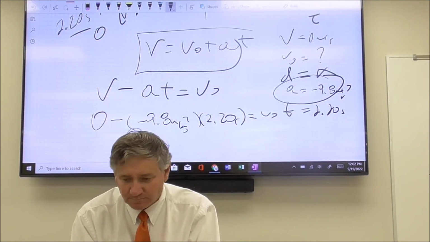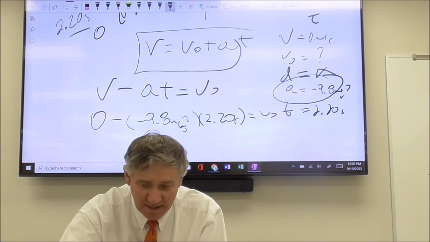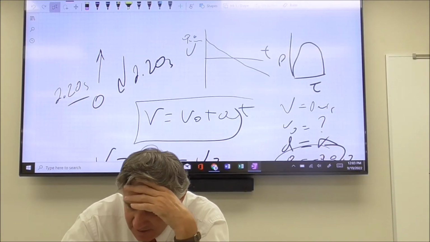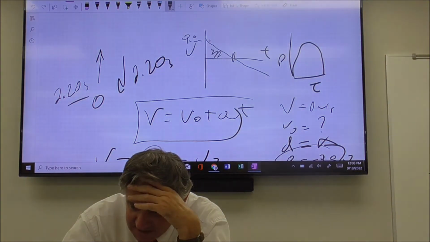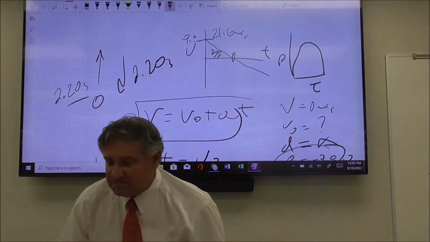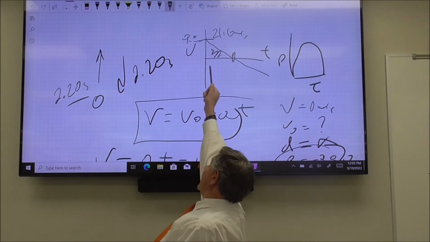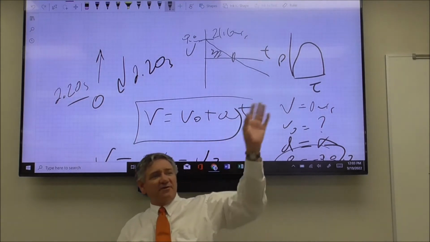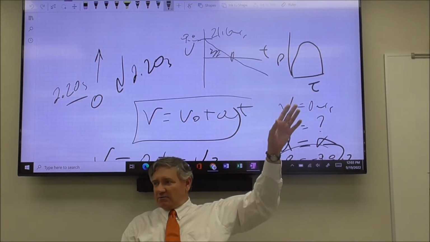Now, when you find that maximum height, there's a whole bunch of different ways you can find it. You could go to your velocity time graph and say, that's 21.6 meters per second, I know my height, I know my base is 2.2 seconds, I can find the area underneath that triangle. That's cool.